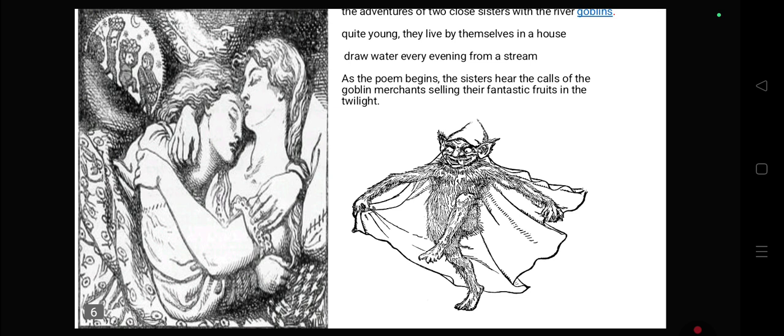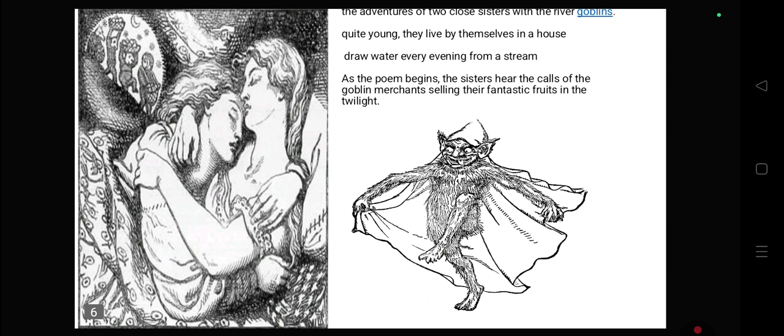It means these two sisters are living independently, no parents, only the two sisters in the house. And what do they do near rivers? They draw water every evening from a stream. A stream is a small kind of river. So for their daily needs, they used to draw water from the nearby stream.